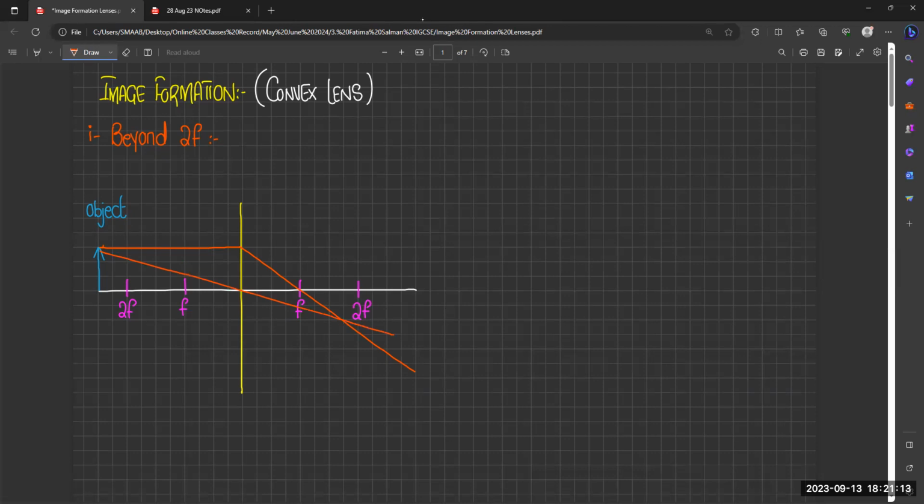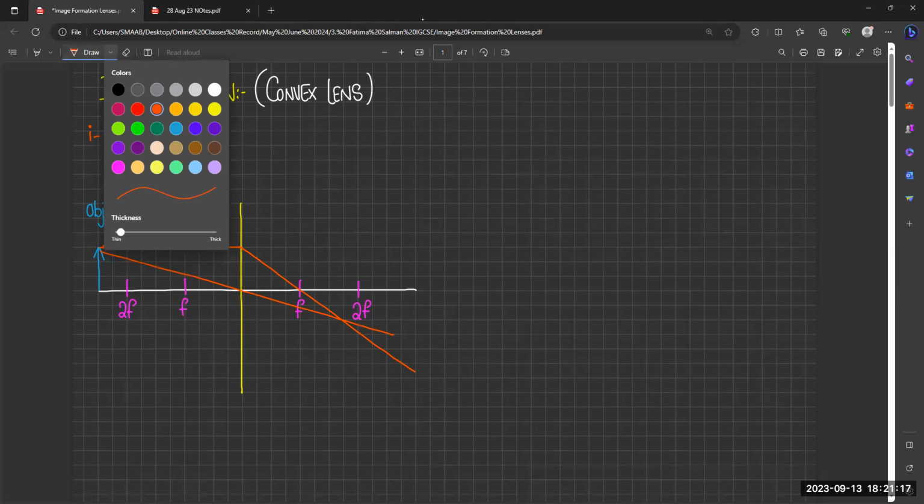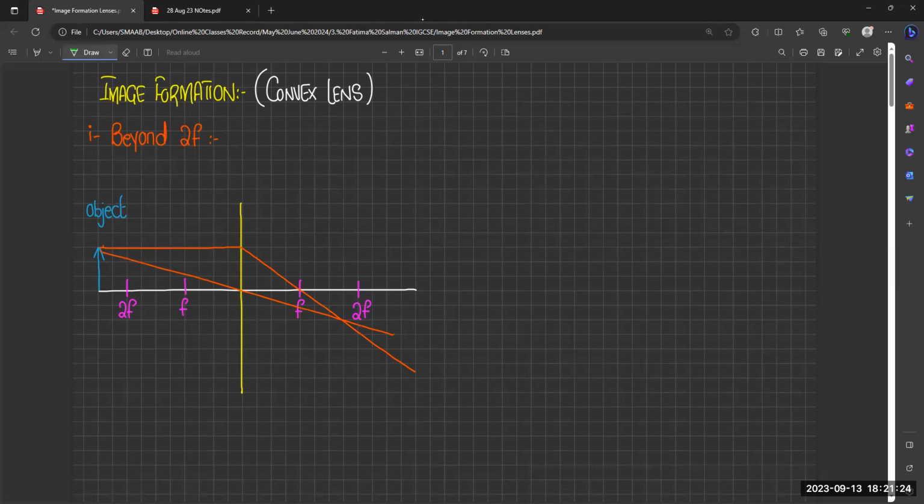Like this. Okay. So now you can see that line is intersecting between F and 2F. So your image will be formed at this point. Okay. So this will be your image. So when line is going to intersect, that will be the image formed from the convex lens, right?